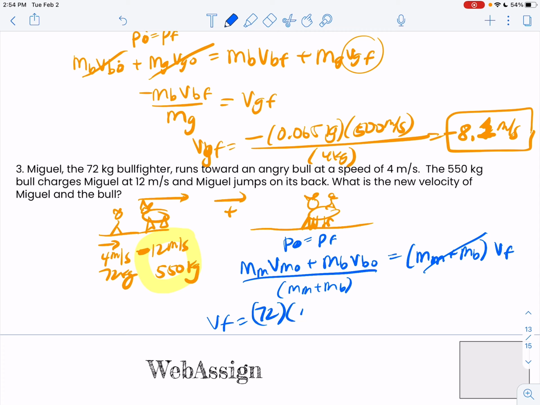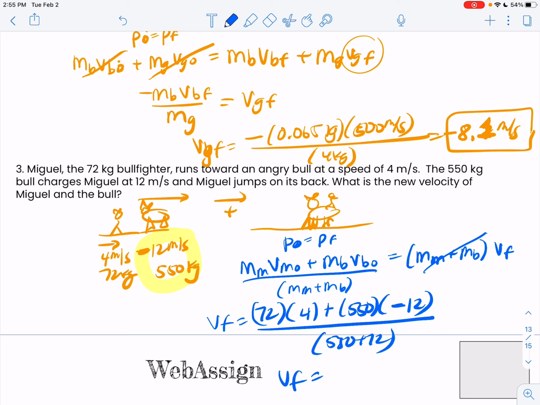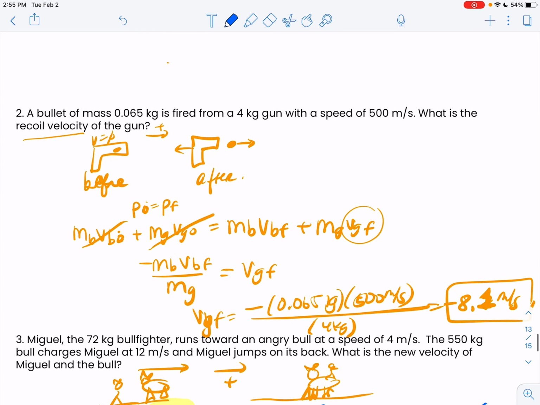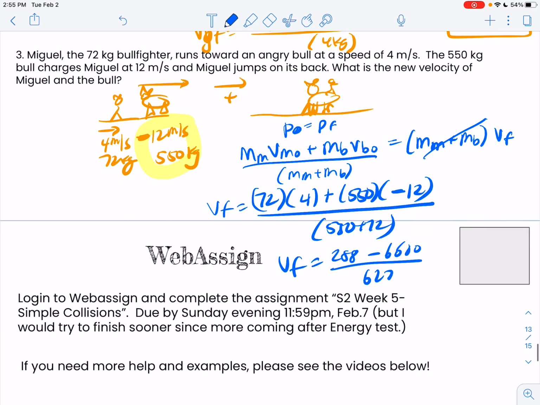So 72 times 4 plus 550 times negative 12. That's how you're getting that negative. Over 550 plus 72. Of course, I don't remember what it was. 288 minus, and I'm not using a good calculator, so I have to do each step. 6,600 over 550, I could probably do this in my head. 622.